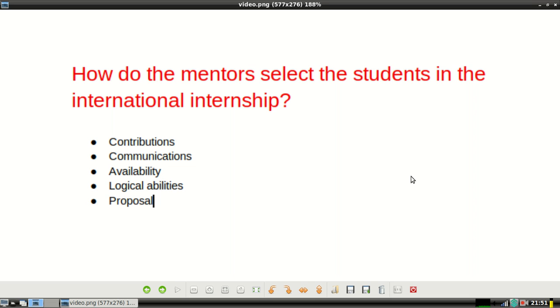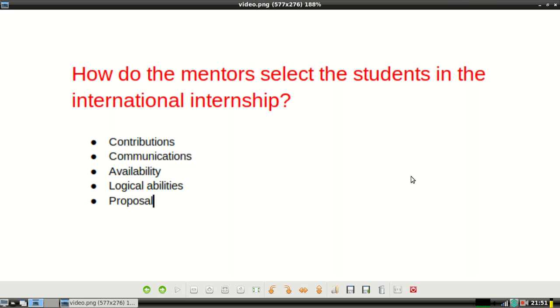So first of all, if I see myself as a mentor, what are the things that I want from a participant? Mainly there are these 5 things that are considered in our minds while selecting students for the internship.